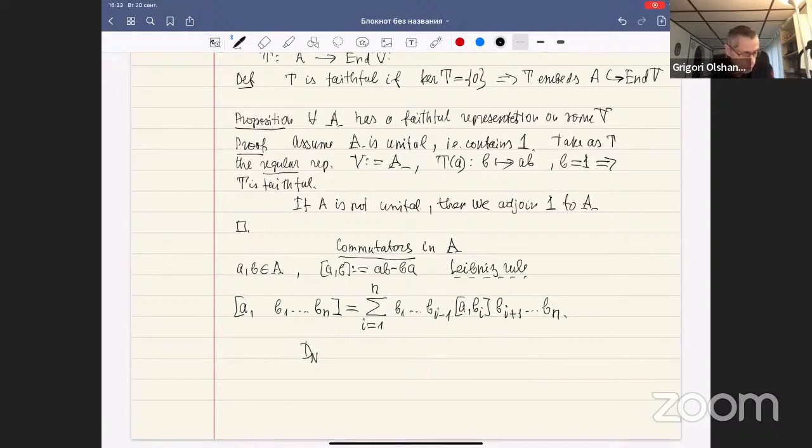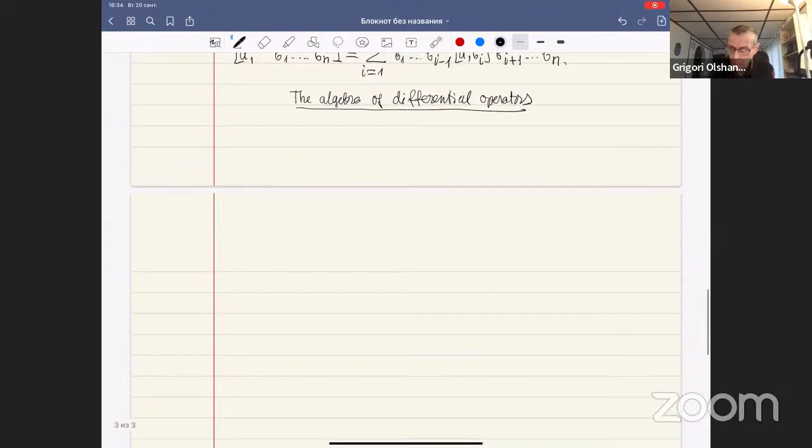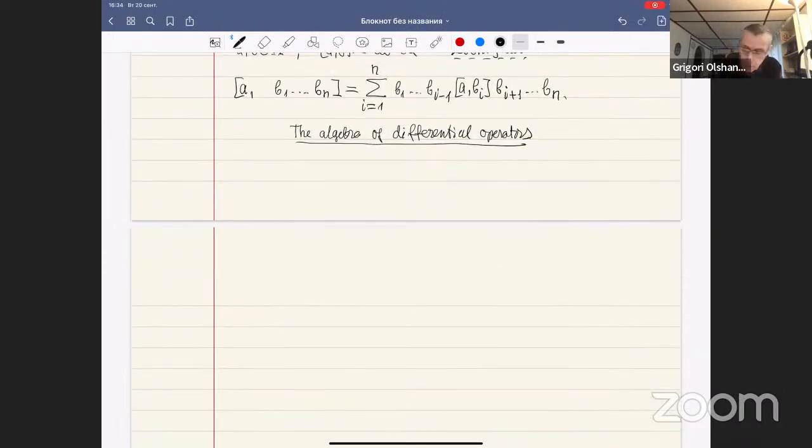This is the algebra of differential operators. I define it first as follows.